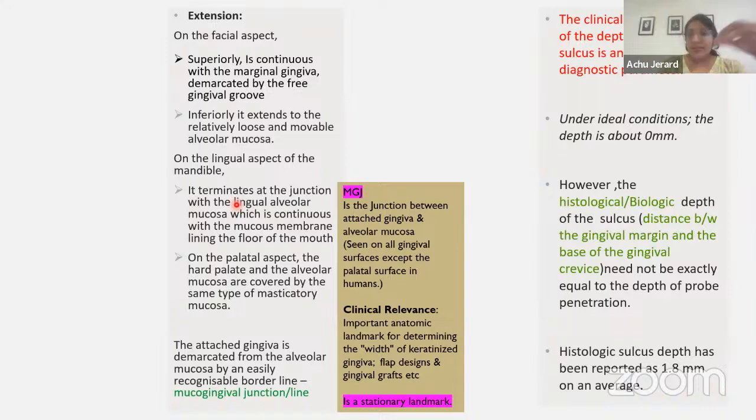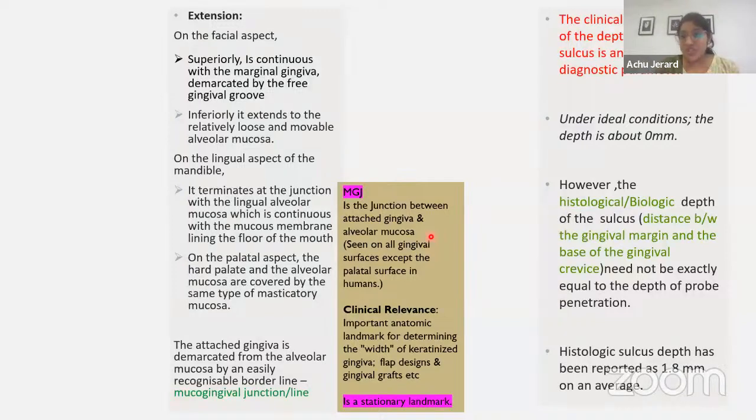Okay. And it is demarcated from the alveolar mucosa by another very important landmark, which is the mucogingival junction. And this is the junction between the attached gingiva and alveolar mucosa. The most important feature of this mucogingival junction is that it is a stationary landmark, which does not change with age or whatever happens around.